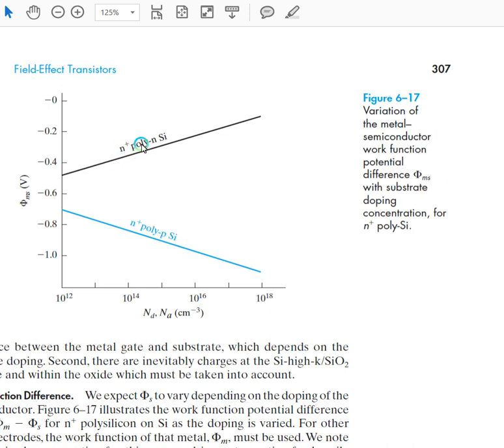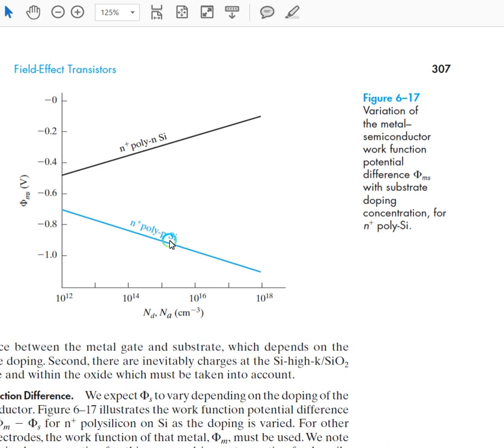When we increase the doping, this difference is going to decrease. Similarly, when the gate is N plus poly and the substrate is also N silicon, the difference between the two work functions will be less compared to a p-type substrate, because p has a work function of around 5 electron volts, or 5.2 or 5.3, whereas n has a work function ranging from 4.1 to 4.65 or 4.5 and so on.